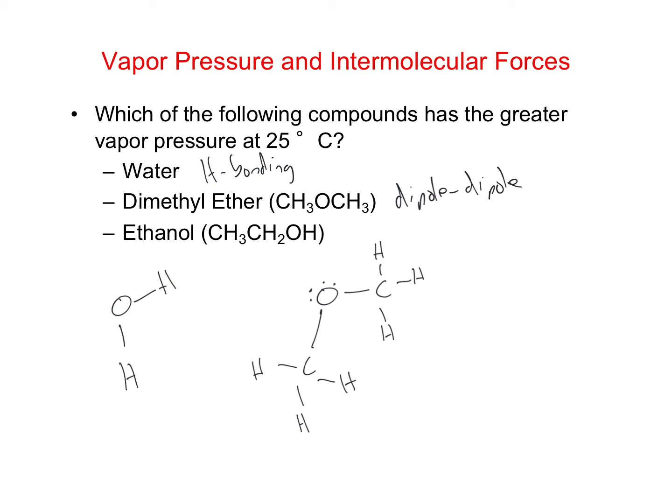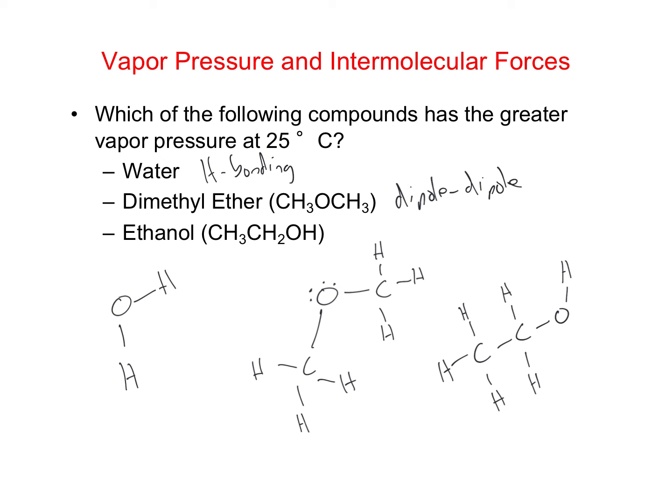And so certainly water should have a higher vapor pressure than dimethyl ether, assuming they're at the same temperature. I'm sorry, that's backwards, right? Water has the stronger intermolecular forces, so it'll have the lower vapor pressure. In dimethyl ether, having dipole-dipole interactions, weaker intermolecular forces, it should have the higher vapor pressure. And if we consider ethanol or ethyl alcohol, we have polar bonds.